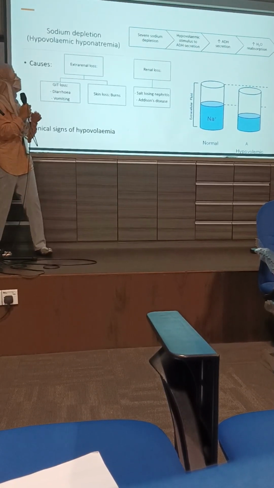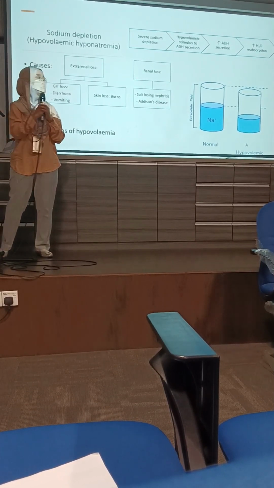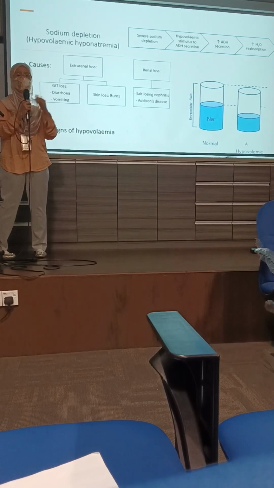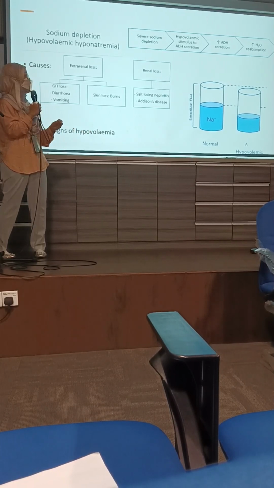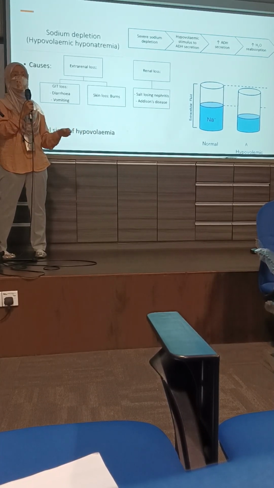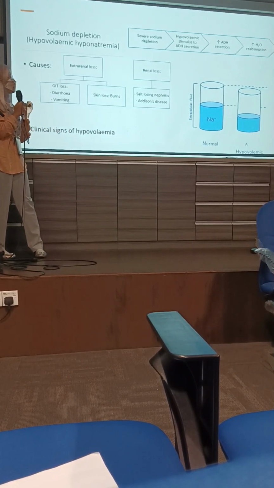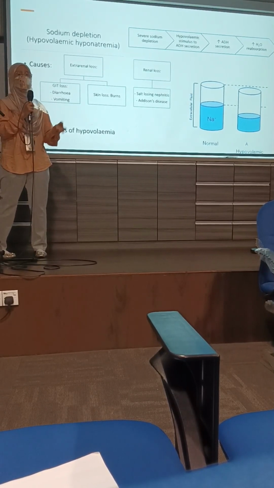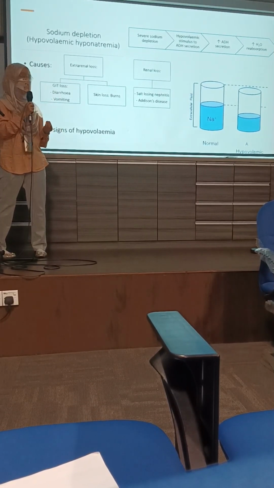So what is hypovolemic hyponatremia? In this case, you have severe sodium depletion. Sodium is lost, but it will not be lost alone. It goes out with water, which is why there is hypovolemia. There is a hypovolemic stimulus, increased ADH secretion, then water will try to be reabsorbed.